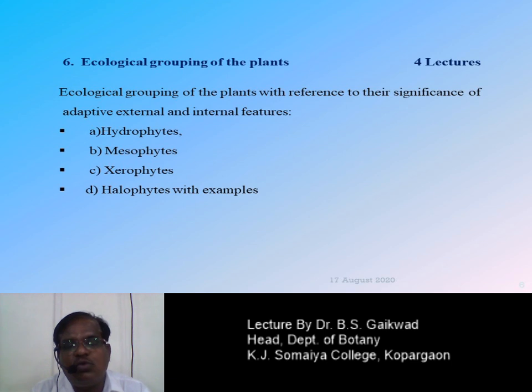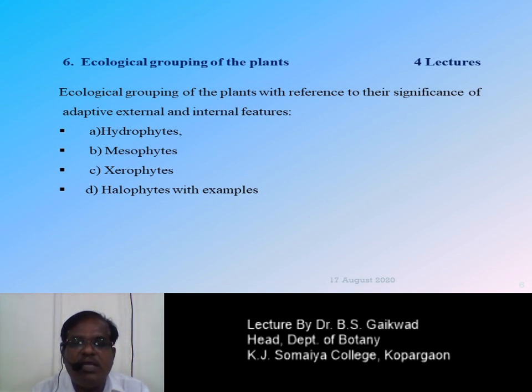And then the last type of the hydrophyte is the submerged hydrophyte. That is the third group of the hydrophyte. The name itself indicates that the plant material never comes above the water surface. They always remain below the water surface.